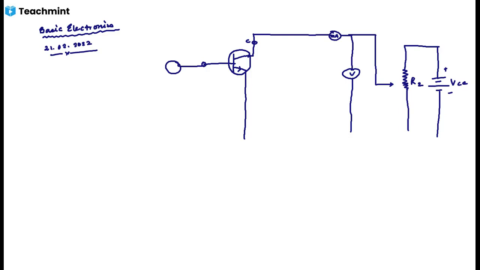Here I use a microammeter, and a voltmeter is connected here. This is the base and this is the emitter. So it is a three-terminal device; the three terminals are these.